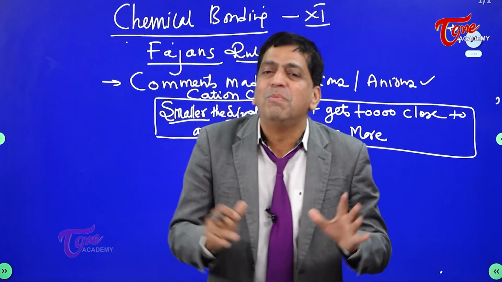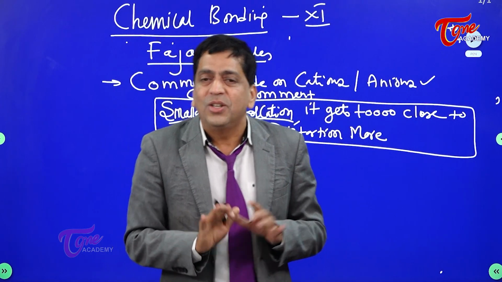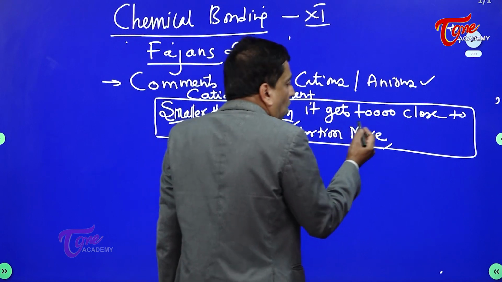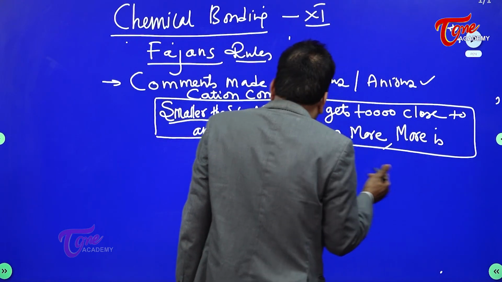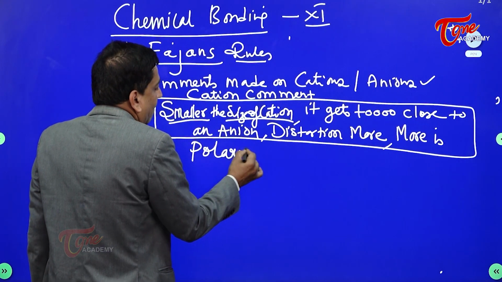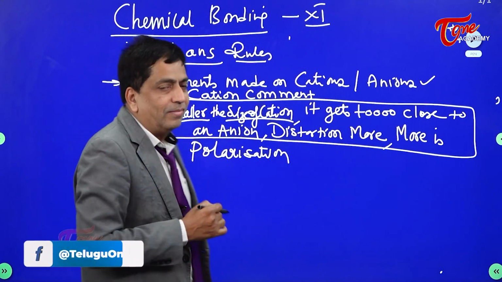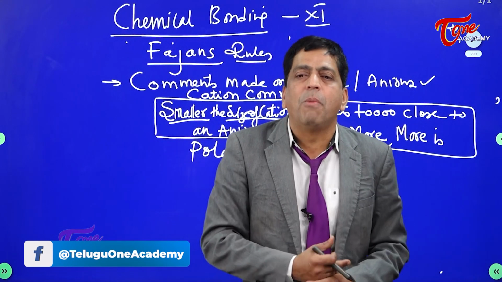When the distortion is more, it is asking to share the electrons. Technically, we call it polarization is more.